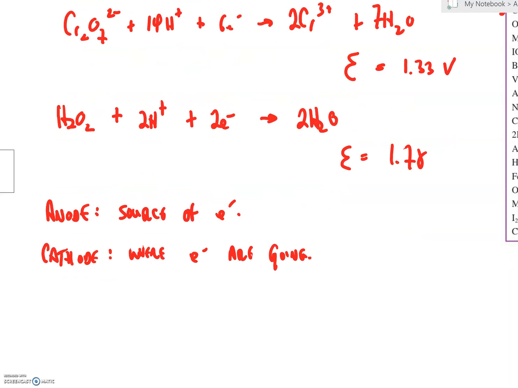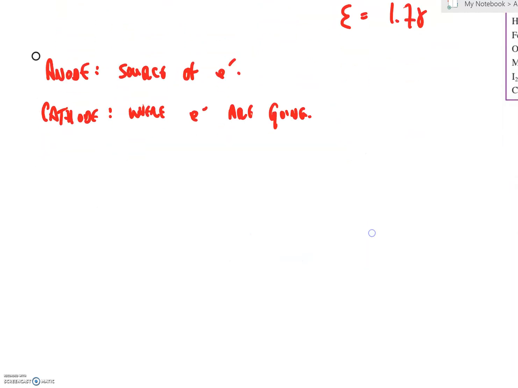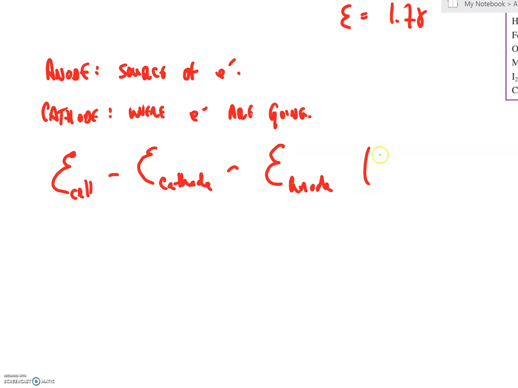And when we are calculating the cell potential, E cell is equal to E cathode minus E of the anode. And that means we want the overall value that has the highest positive value.